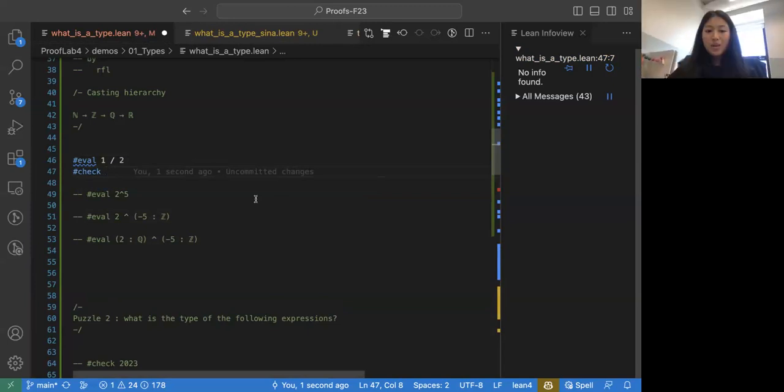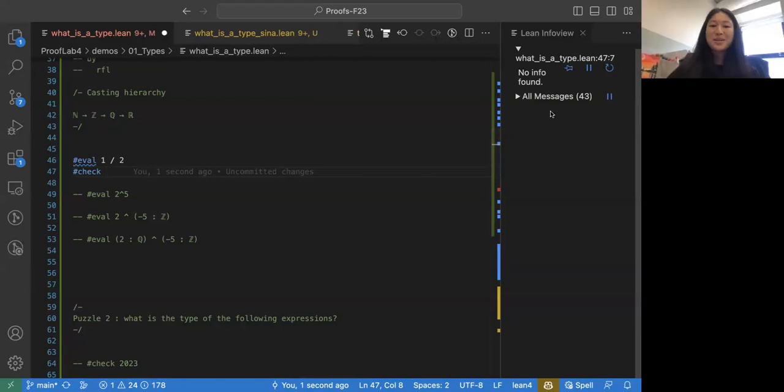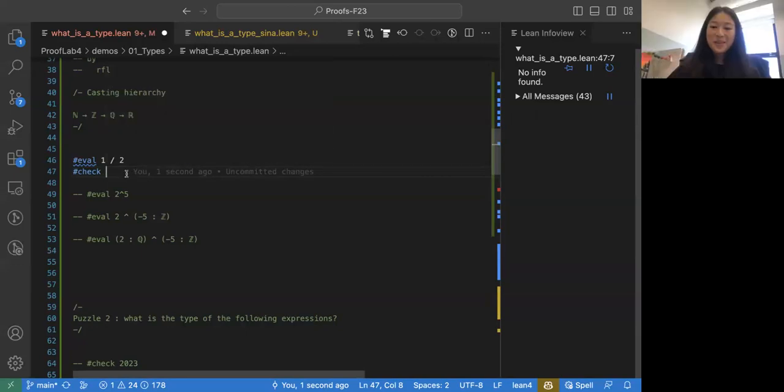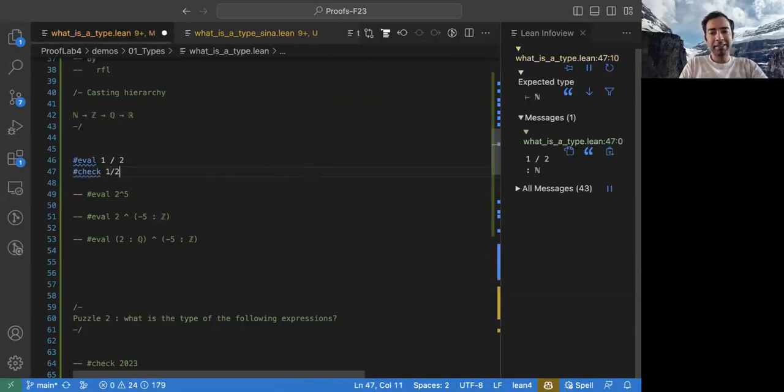I guess 1 and 2 are both naturals to start with. I can't remember if 0 is also considered a natural number or not. So I guess if 0 is, then I think it would be a natural number. But I don't know. Some people think it's not. So then I think it'd be an integer. Okay. We can check this. Yeah.